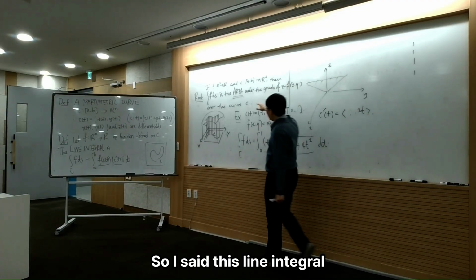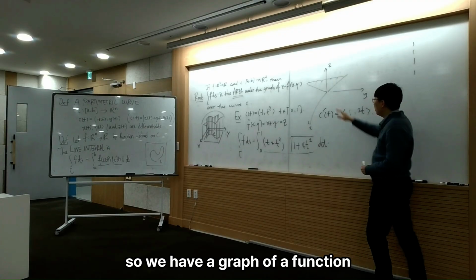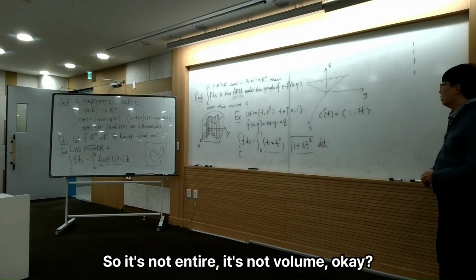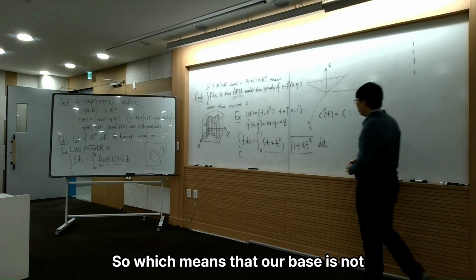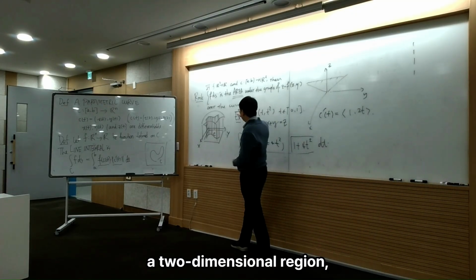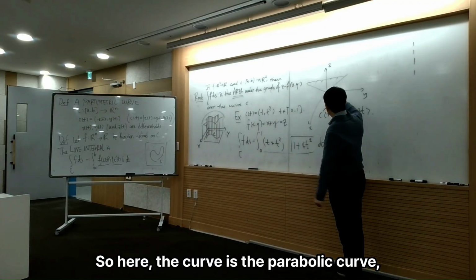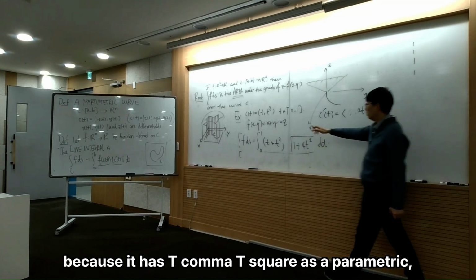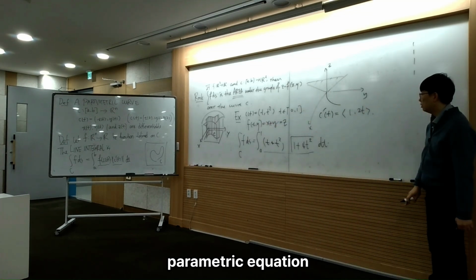I said this line integral is the area under the graph of the function. So we have a graph of a function. It's not volume, okay? So it's area. Which means that our base is not a two-dimensional region, it's a one-dimensional curve. So here the curve is the parabolic curve because it has (t, t squared) as a parametric equation.